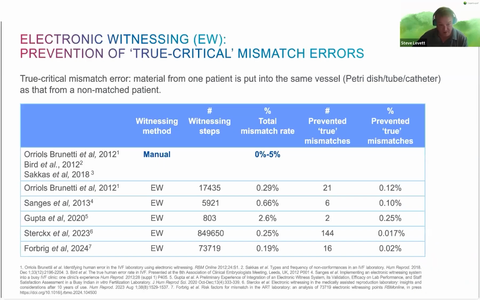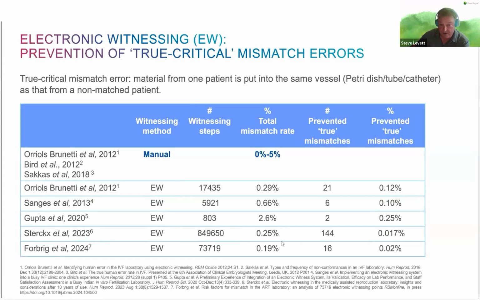Traceability, again, just going to highlight it to you because it's extremely important. If you look here at this table that's collated the data from these different papers, some with huge numbers now. So in this case, this Sturks et al. paper from 2023 from Brussels IVF, 850,000 witnessing points.